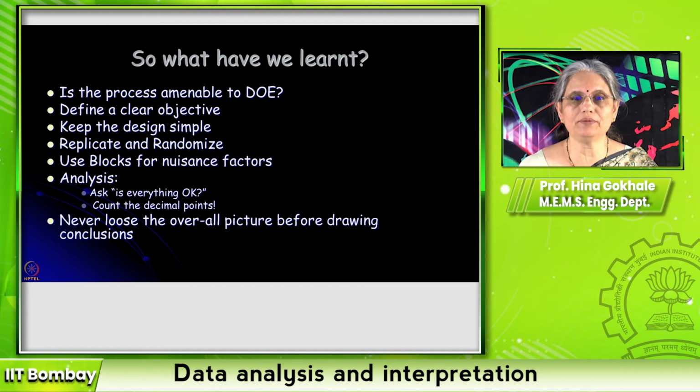Then we say that we must have a clear objective, we must keep the design simple. While making the objective clear we must know what is the response variable and what are the controllable factors, what are uncontrollable factors, of which what is an error and what is an uncontrollable nuisance factor.